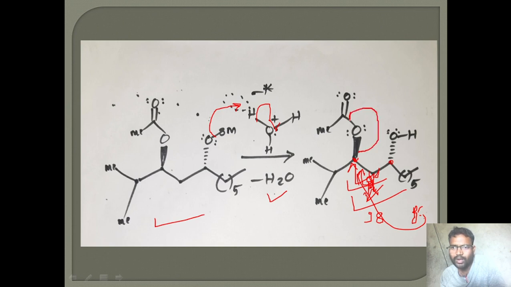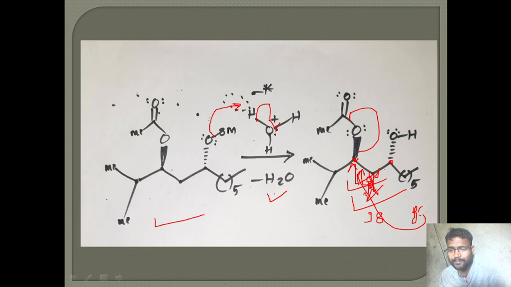So simply we converted this hydroxyl group into a leaving group, so it can leave easily. Now if you add base, there is a formation of an alpha beta unsaturated system.